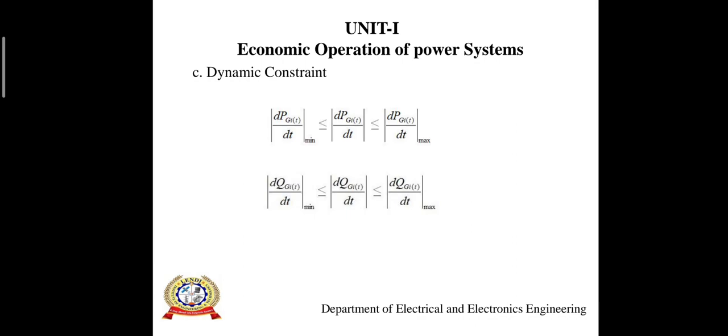So the rate of change of reactive power generation with respect to time is also maintained within minimum and maximum limits. So this is dynamic constraint.